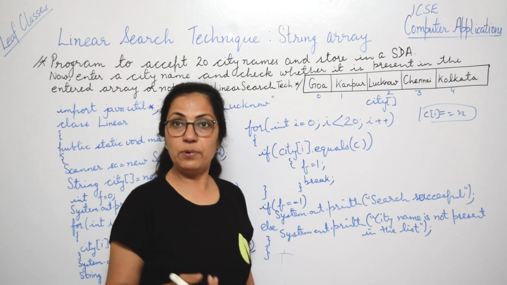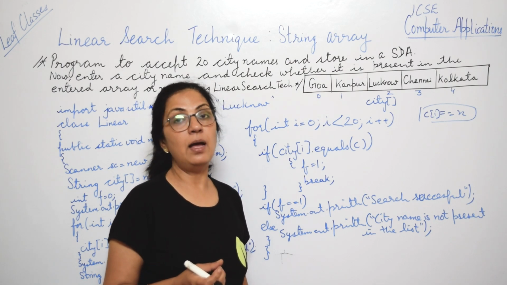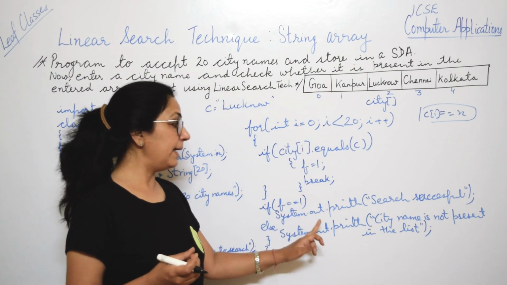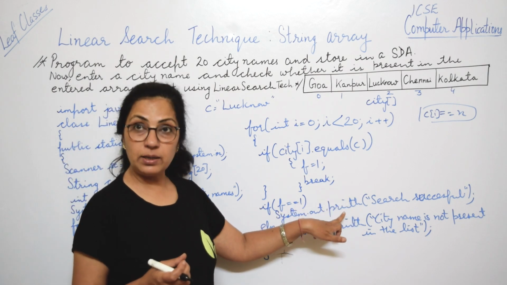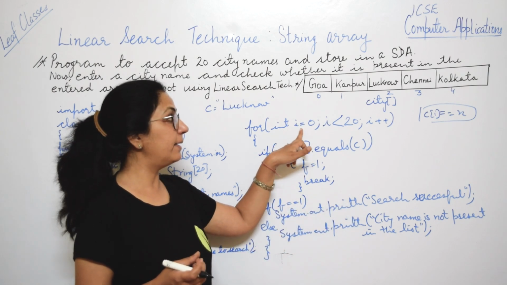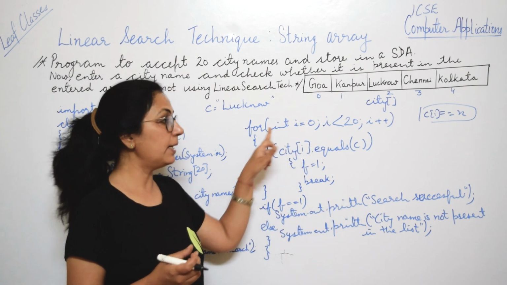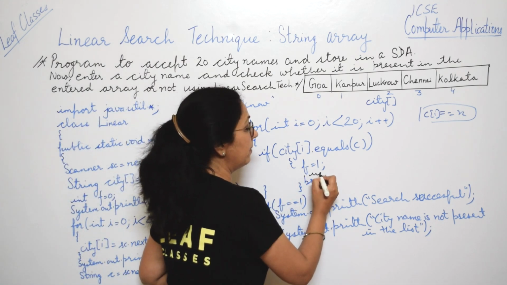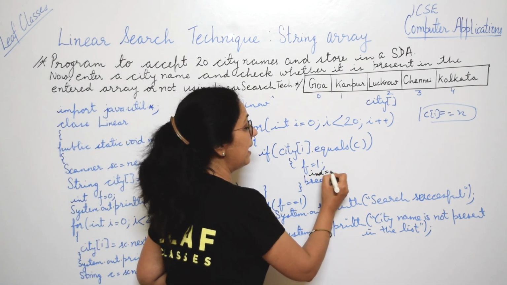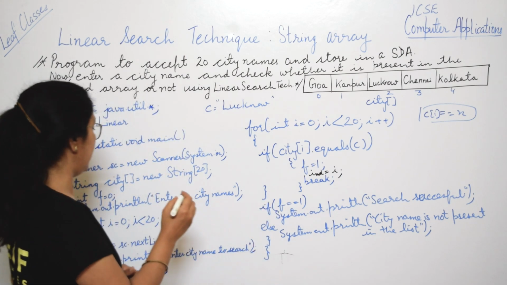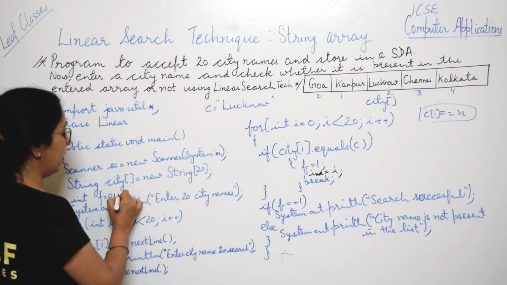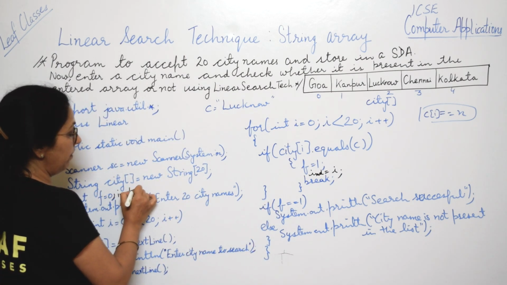For storing the position or the index number, if you try to print the index number i here, you will not get that value because I have declared i with this for loop, right? So what we will do is take one int variable and store the value of i in that. Here you can declare the int variable also.